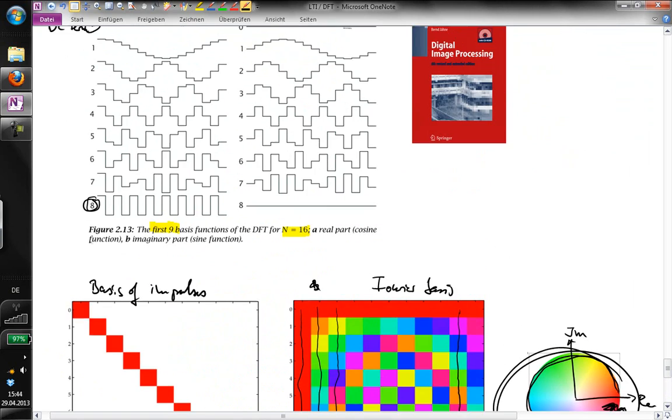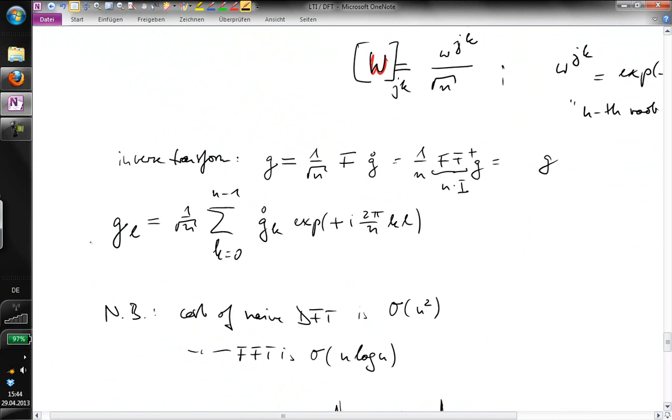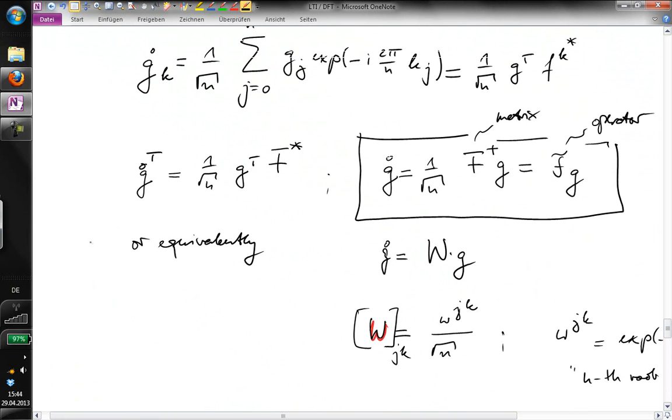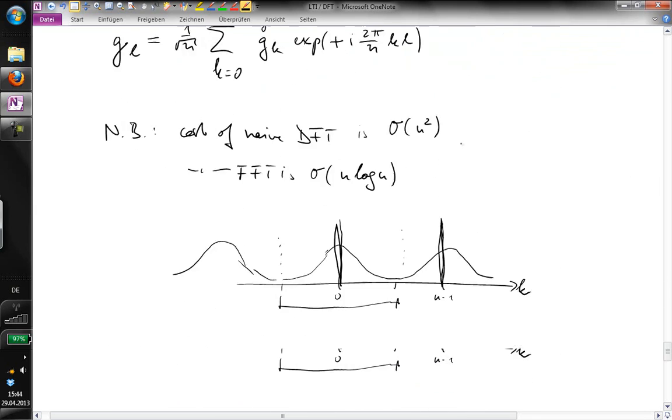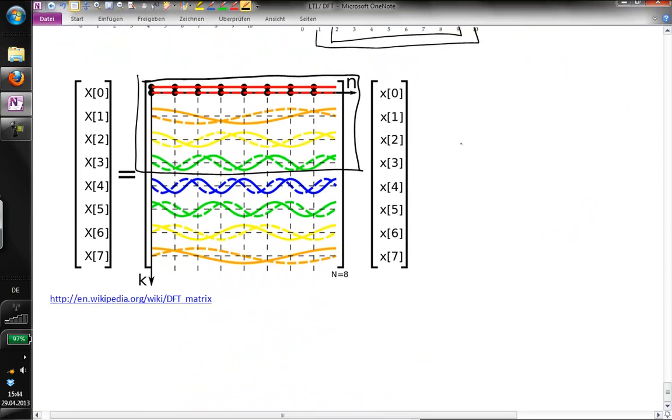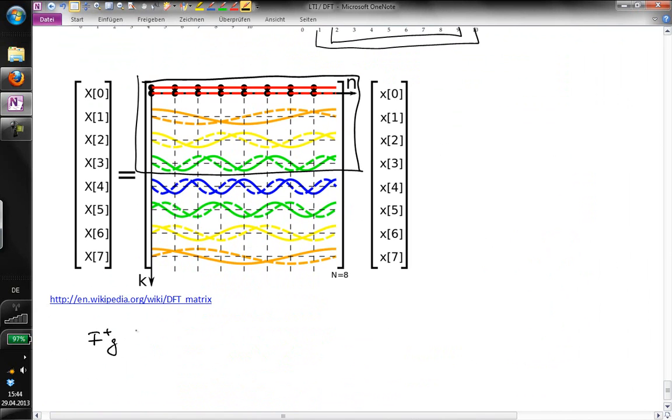So if we look again at the formula here, where we take this product of a matrix and a vector, we can think of this as a matched filtering process. So F adjoint G amounts to a matched filtering.